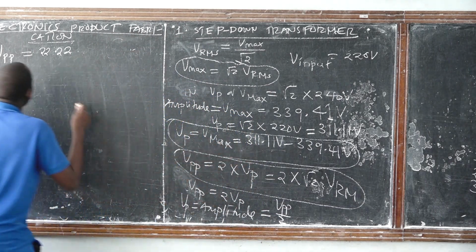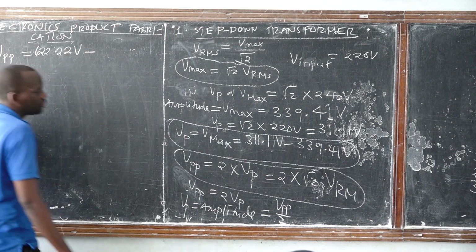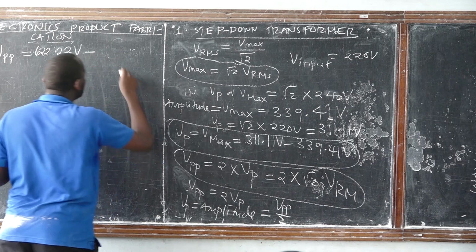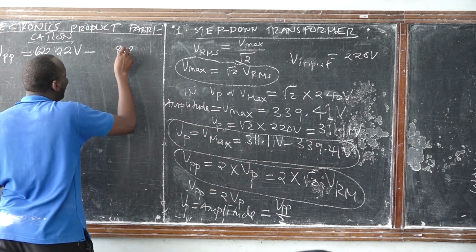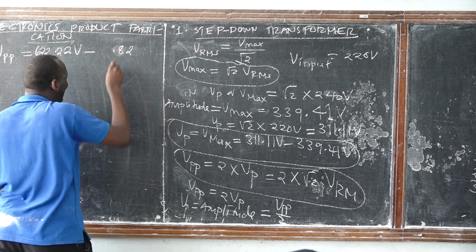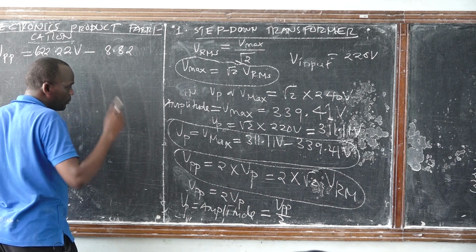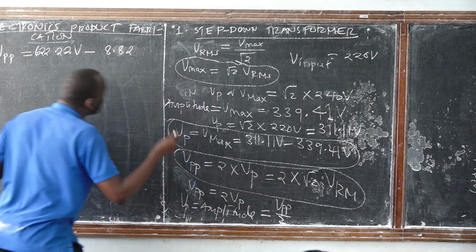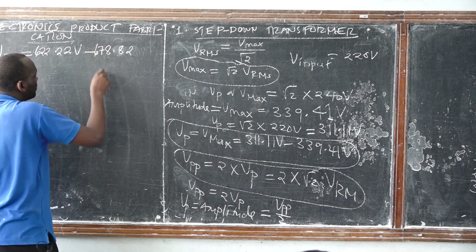Then 2 times 3 is 6. 2 times 9, 18. Keep 1. 2 times 3 is 6, and that 1 is what? 7.